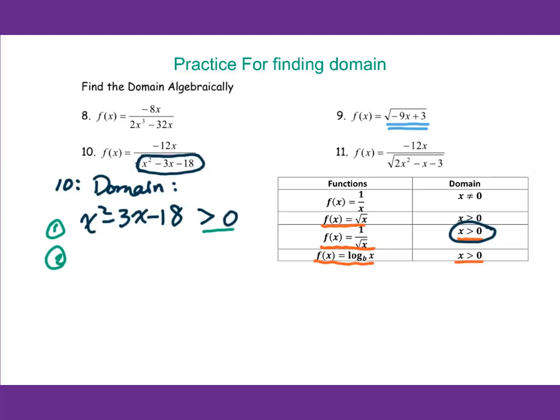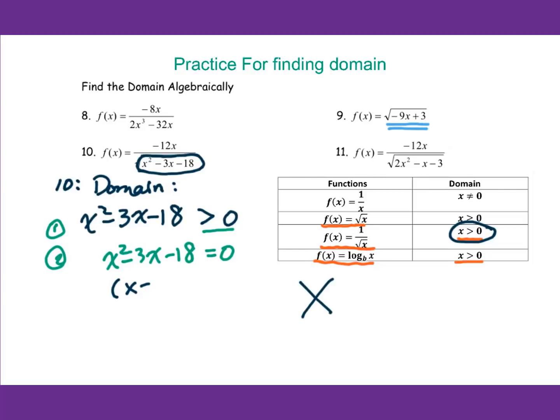Then your second step, you got to find the roots for this quadratic function. We set it equal to 0 now. We solve this quadratic function by factoring. That's ninja x.